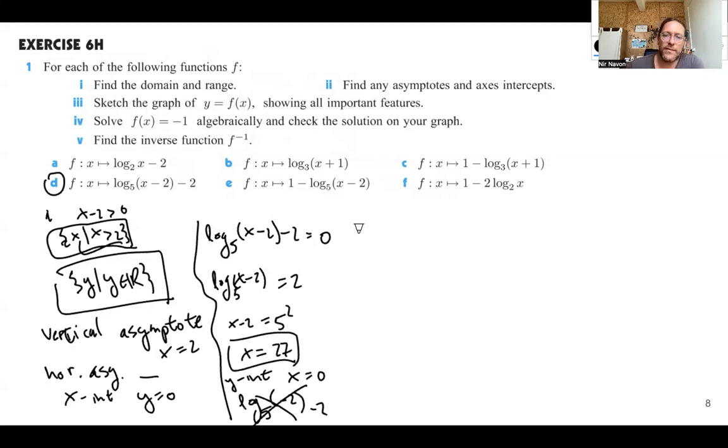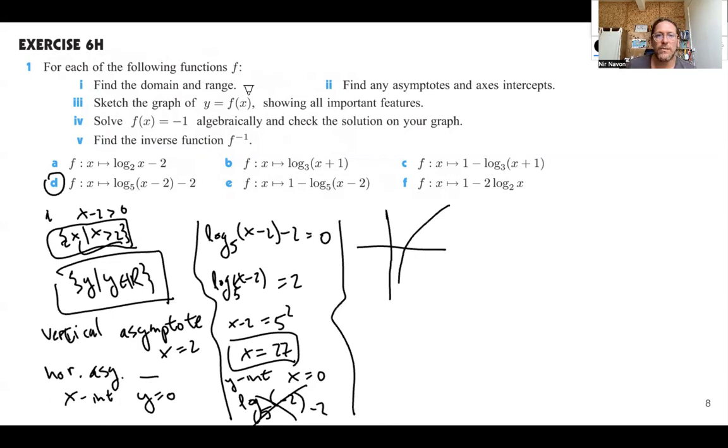Sketch the graph of the following. So let's sketch the graph. So it's looking like that. Okay, I know it's looking like that because it's log and the base is greater than 1.